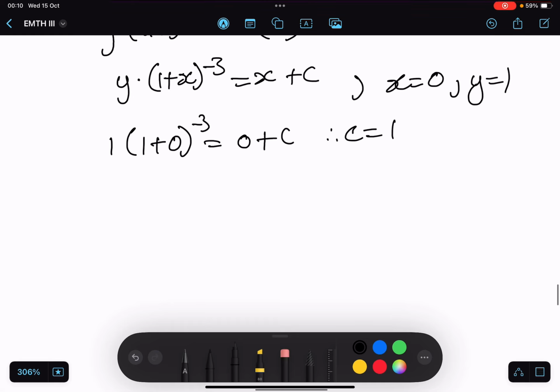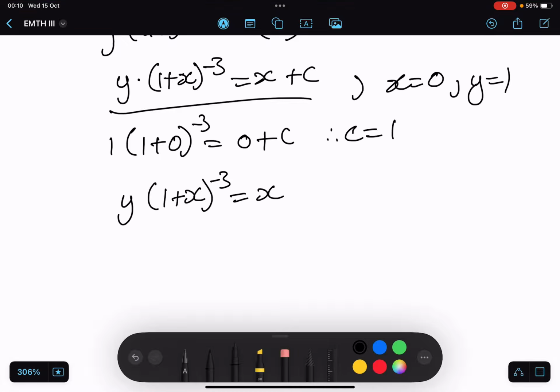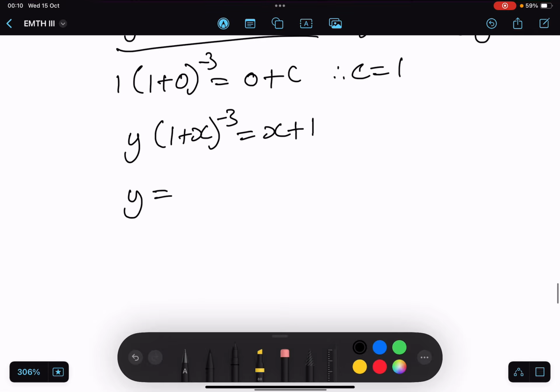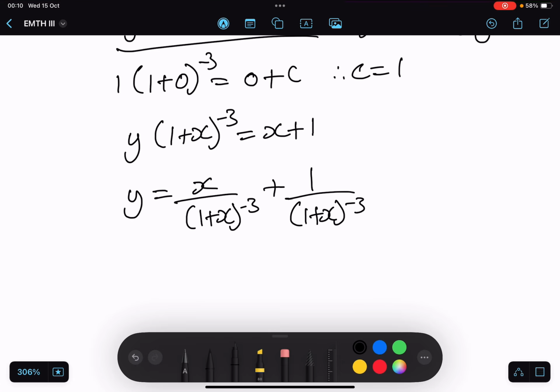And then we can rewrite this as y times (1 plus x) to the power minus 3 equals x plus 1. If you make y the subject of the formula, you get x over (1 plus x) to the power minus 3 plus 1 over (1 plus x) to the power minus 3.